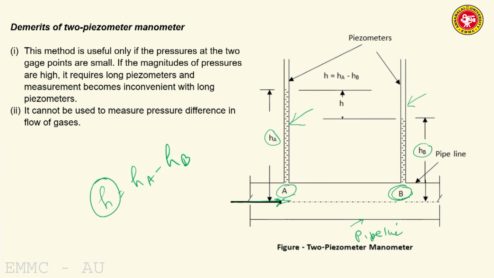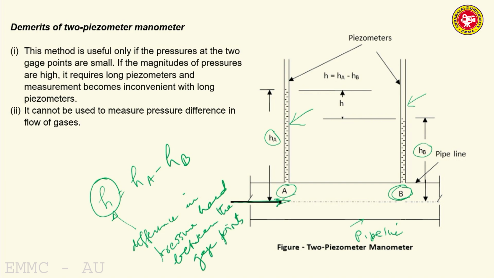This gives the difference in pressure head between the gauge points A and B.